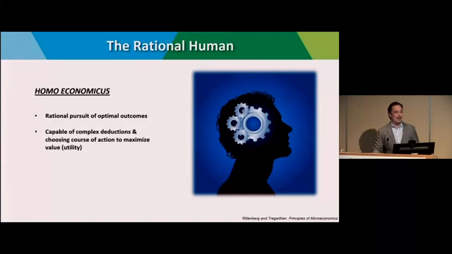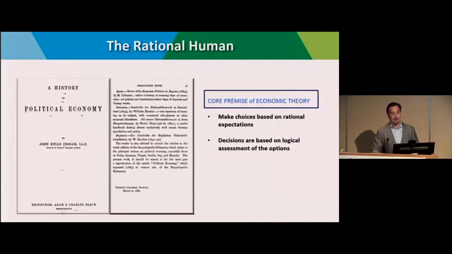Homo economicus assumes that an individual makes rational choices based on optimal outcomes. They're able to do complex deductions, choosing from a myriad of possible decisions with the idea of maximizing value, or in economic terms, they use the word utility. So we use our rational minds focused on what is giving us the maximal utility, weighing the pros and cons in a logical sort of means.